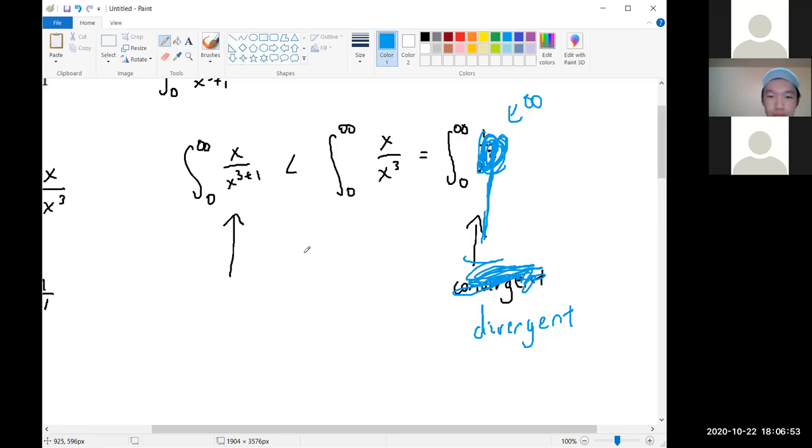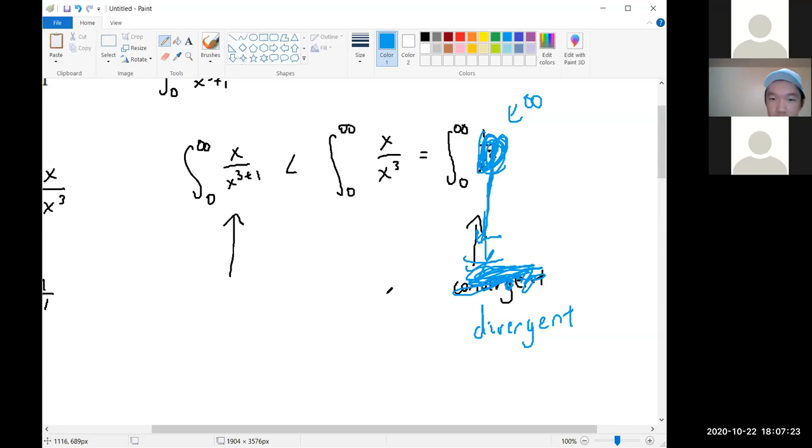What I'm trying to get at is, if you have a divergent integral, which is this one here, and then you have an integral that's less than a divergent integral, then your original one can either be divergent or convergent. That's the issue. Because if I tell you you're less than infinity, you can still be infinity or you can be a finite number.